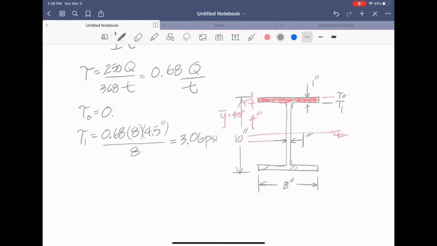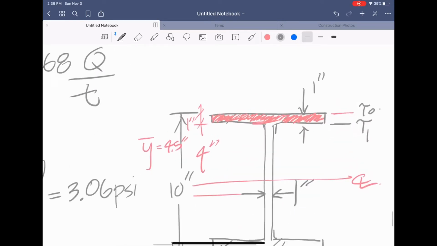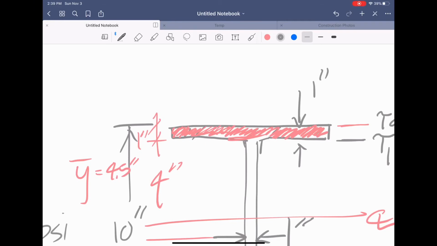Now, I'm going to call that 1A, and then we're going to have tau 1B, because of the thickness at this point, let's zoom in, right? So the shear flow is at this point right here. At this point, the thickness is either 8 inches wide or 1 inch wide, right?